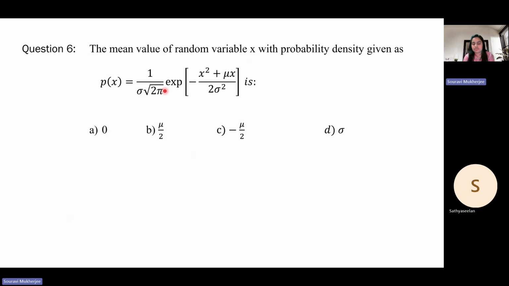So you're doing an integration from minus infinity to infinity of x times p(x) dx, right? So what do you think the answer should be? If you know the identity or the property to look at, you would at once know what the answer is. Otherwise, you would be trying to solve the question, right? Any idea what the answer should be?